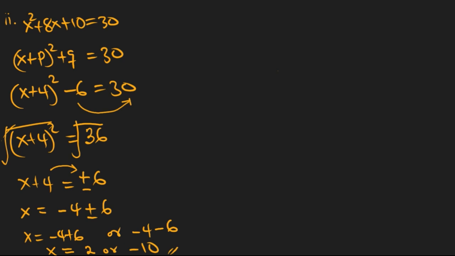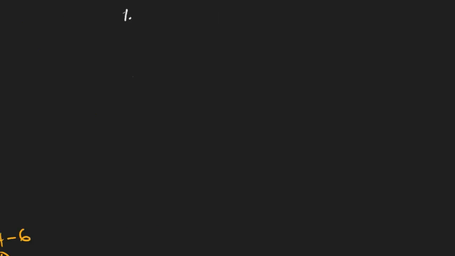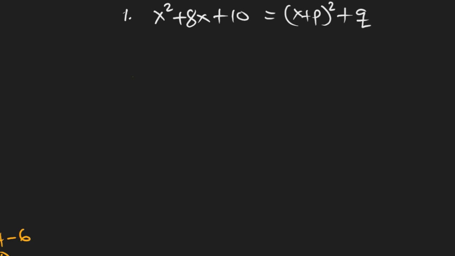Alright, so I'm going to show you how to solve this using the algebraic method. If you have x squared plus 8x plus 10, you are supposed to write this as x plus p all squared plus q. So the first thing you need to do is, the coefficient of the x squared is already 1.